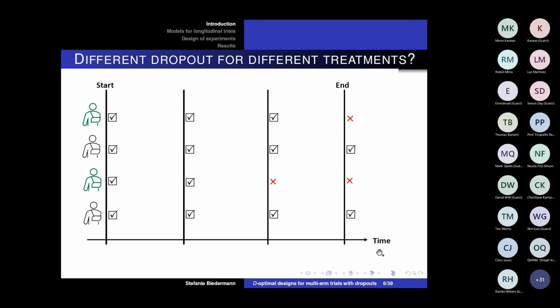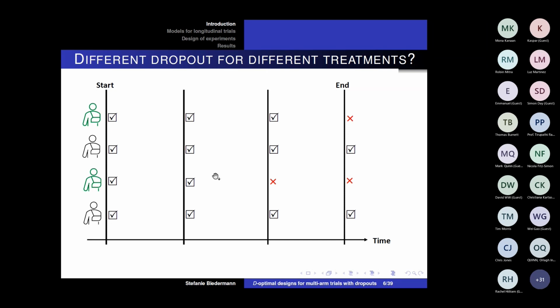Okay, now let's consider what would be part of the design of the experiment. Now let's have a look at the situation here. You can see some of the patients have turned green, which is just to indicate that they actually have been given a different treatment. So now we've got these two different treatment groups, and we notice that there seems to be more dropout in the green patients than in the other patients.